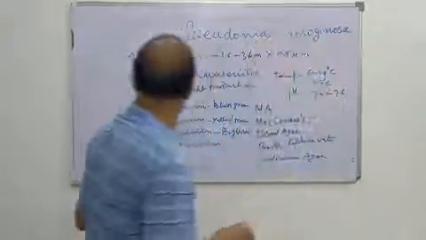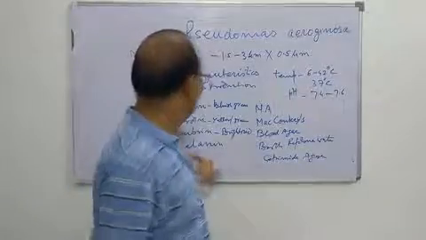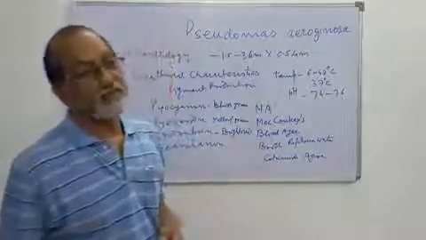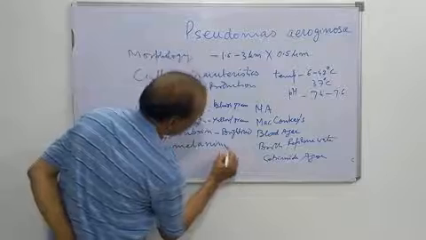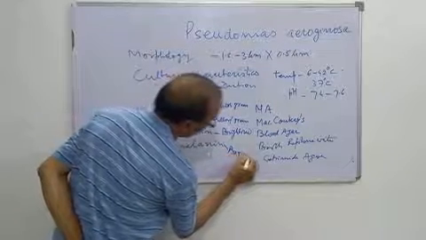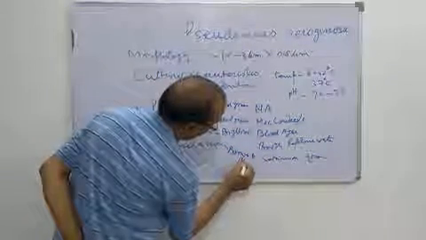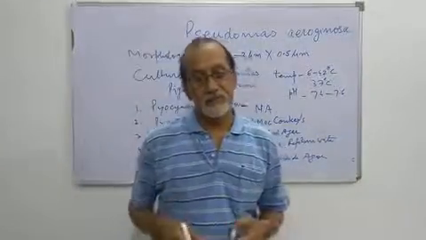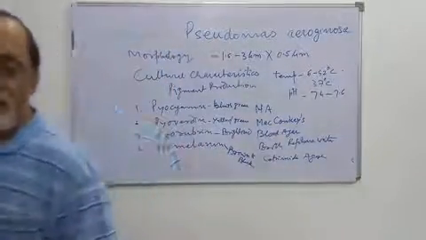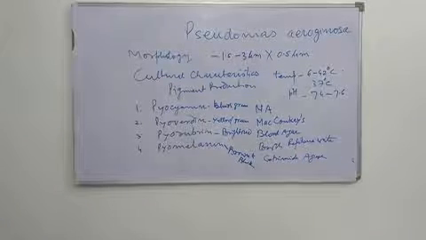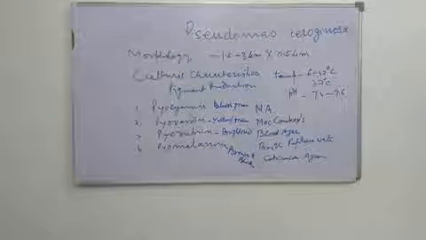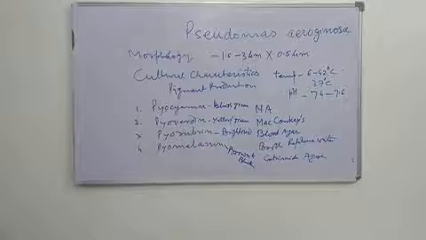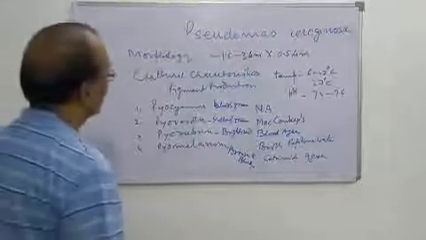Pyomelanin is a brown to black pigment; its production is uncommon, and it is chemically unrelated to animal melanin.